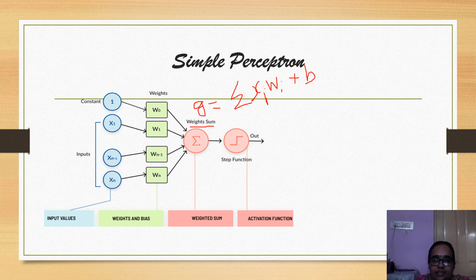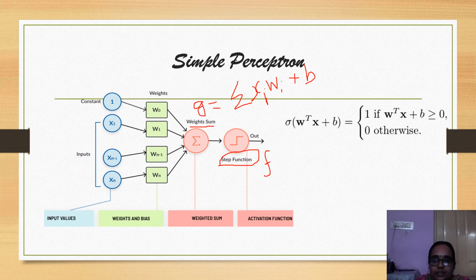After this calculation of the weighted sum, this value will be given to the activation function. This is represented as a step function f here. It calculates the actual output. So in this example, the sigmoidal function is used. There are so many activation functions available. In this case, sigmoidal is used, and here theta is also used. In the threshold logic, theta is used as 0.